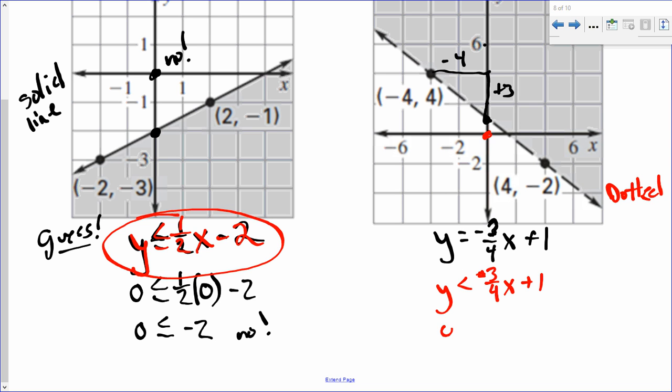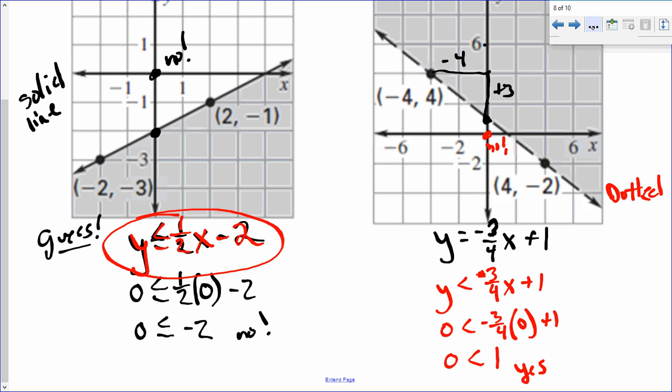Let's put in 0, 0. Y is less than -3/4 times 0 plus 1. Is 0 less than 1? Yes, it is. But in my graph, it's supposed to be a no, right? So since these don't match up, I'm going to switch it.